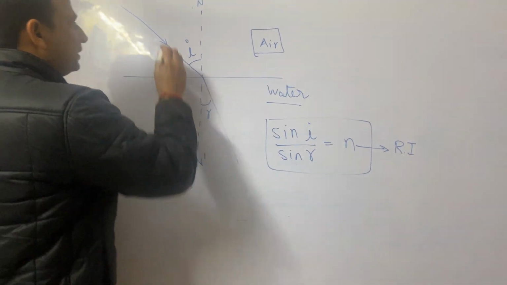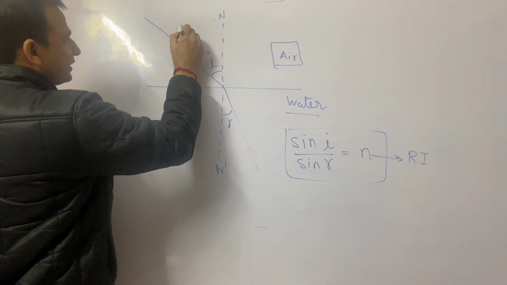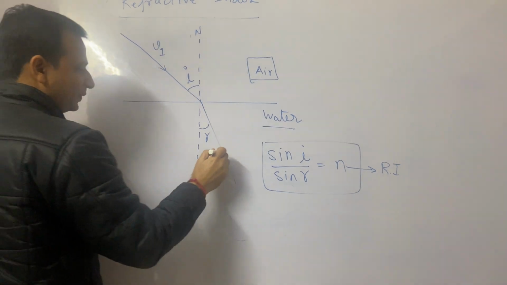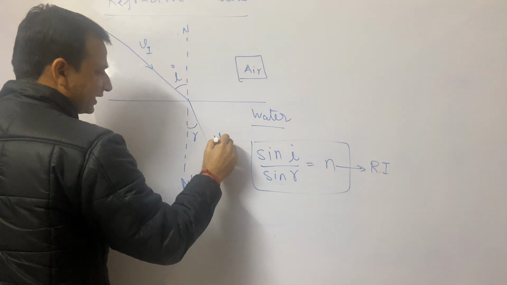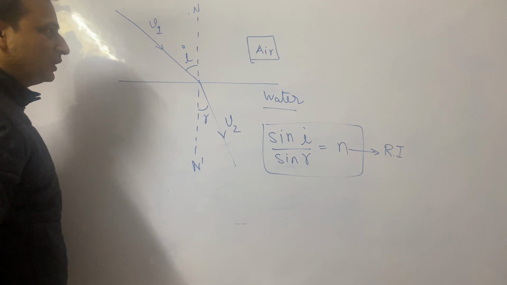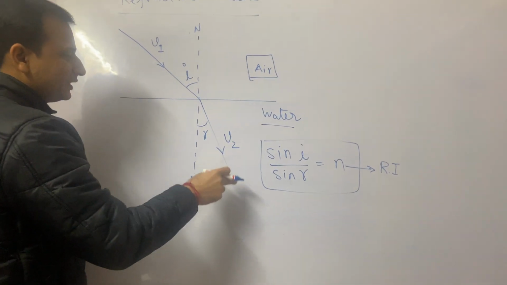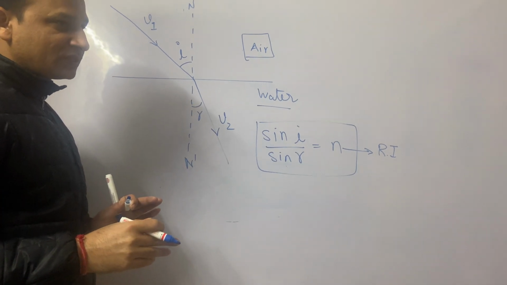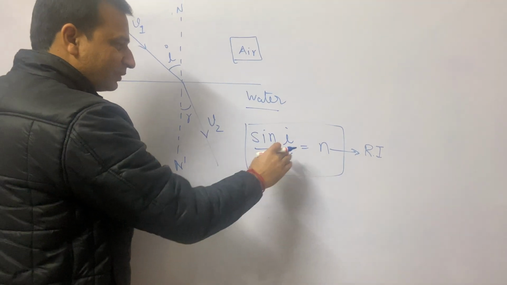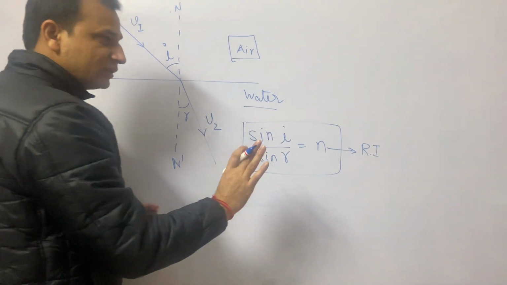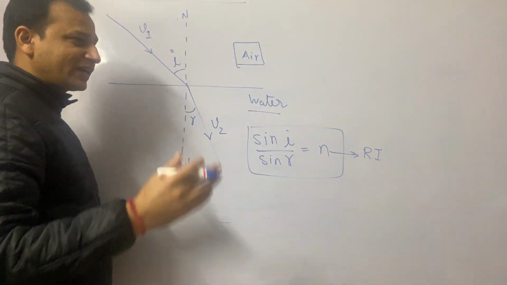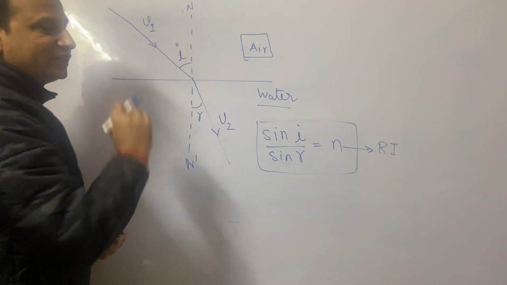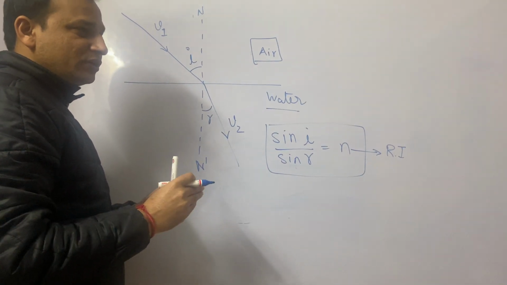Now the speed of light in medium 1 could be taken as v1 and the speed of light in medium 2 could be taken as v2. By using the speed of light, we can find the refractive index. So the refractive index could be found by using sine i by sine r, or we can find it by using the speed of light in the two media. Why is it so?